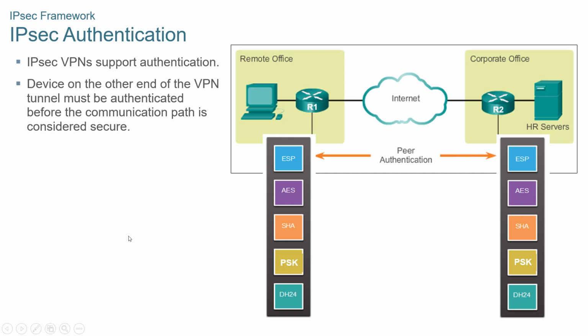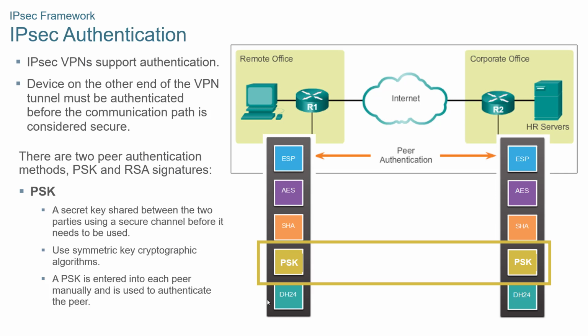I can't use ESP and then AH. I can't use AES and then DES. They need to match. But first of all, before I set up an IPsec tunnel, I've got to authenticate. There are two types of peer authentication, PSK and RSA.